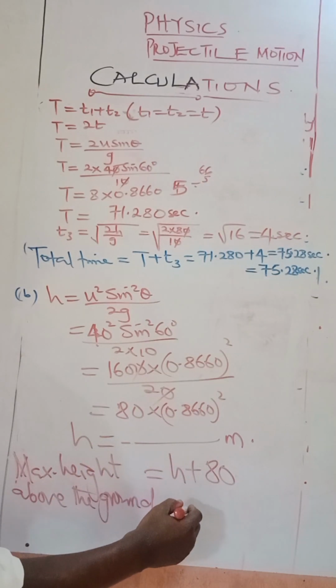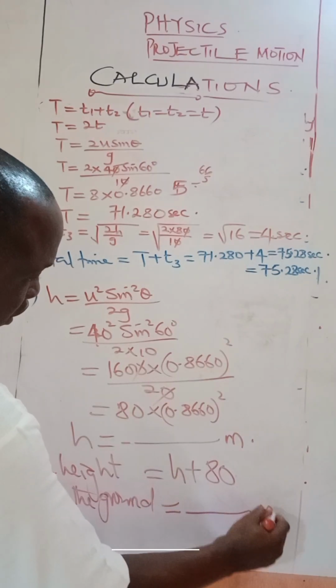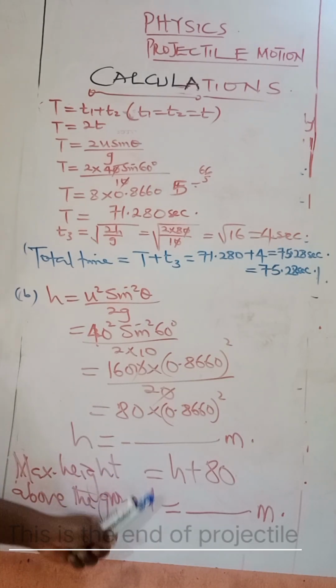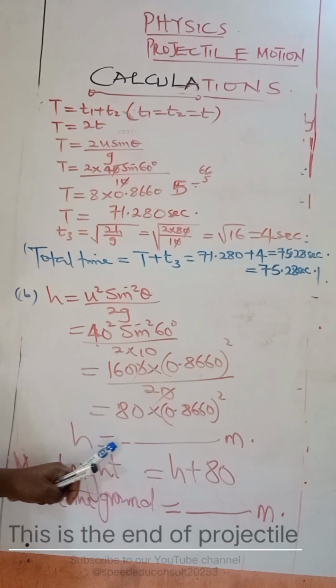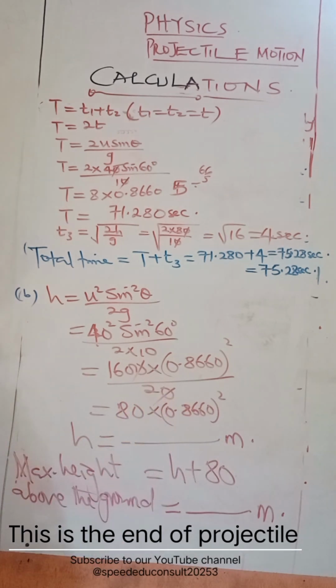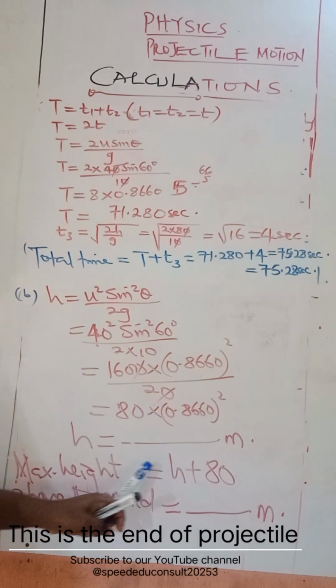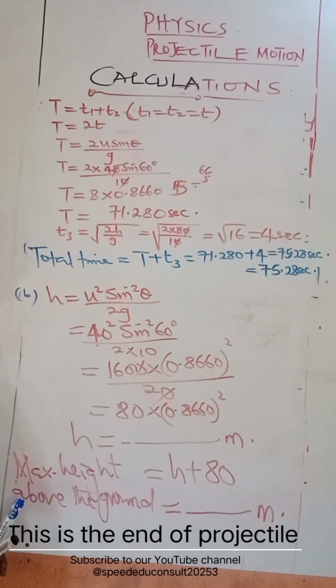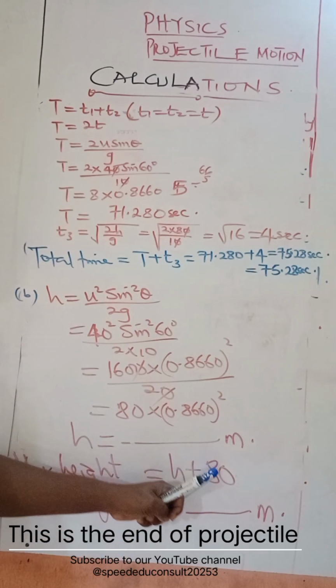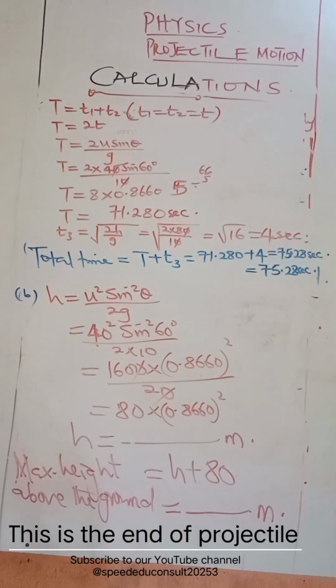Add this to this, whatever you get, in meters. That is how to calculate the maximum height above the ground. Use your calculator. First of all, simplify this, square this, multiply by 80, whatever you get in meters. It will be the height attained here plus the height of the building. That gives you the maximum height above the ground.